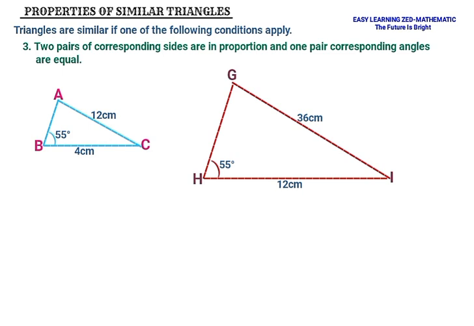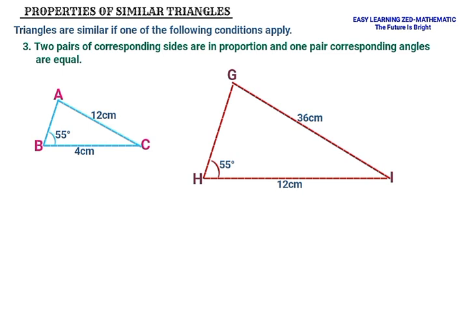When we look at these triangles given down here, we have triangle ABC and GHI. These are the two triangles given. Now when you look at the angle given, it's 55 degrees, and in both they are 55 degrees, they are equal. Then when you look at the sides given, 12 and 36, these numbers are proportional to each other. 12 is proportional to 36.